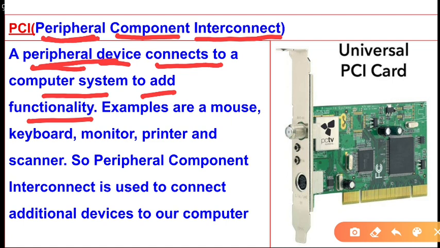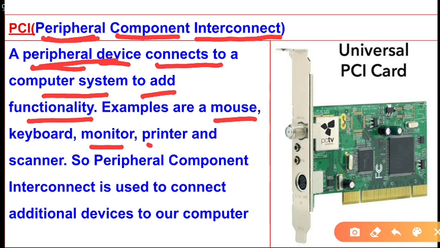Okay, students, for example, a mouse. Now mice are of different categories. On a laptop you get a trackpad, but if you connect a USB mouse to your laptop, then that will be a peripheral device. In the same manner, you have different types of monitors available, LCD, TFT, and so on.